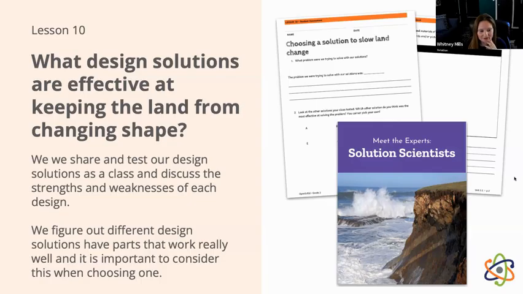So we really think about what we might want to do if we were to build a really great solution that incorporated several of our ideas. And we finally get to take a little assessment where we pick a solution that we like out of our classmates' solutions. And we talk about why we think it was really effective at solving that problem and how that shape helped it do that.